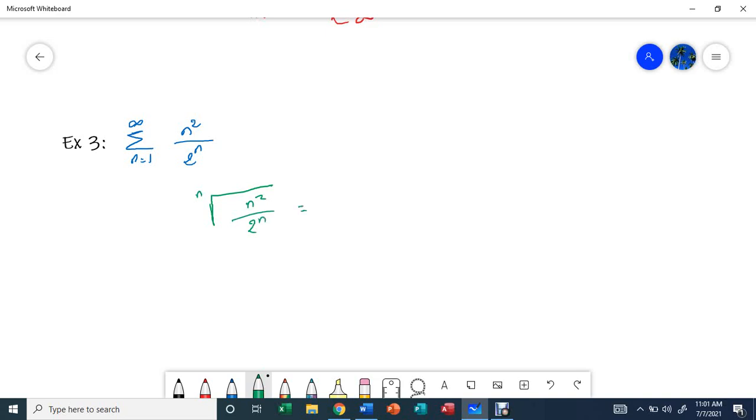Simplify: the top one alone is the nth root of n squared, over the nth root of 2 to the n. Using the power rule here, it's the nth root of n, and the whole thing squared, divided by, so the nth root of 2 to the n is just 2.